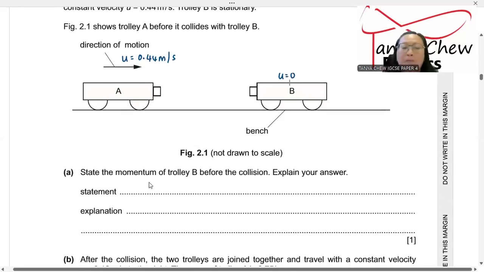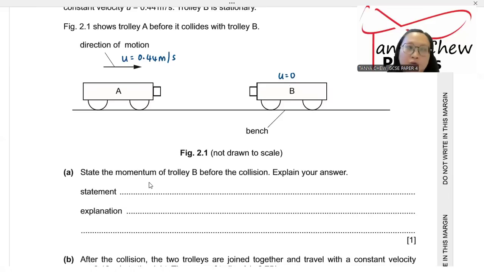Explain your answer. Now, before I give you the answer, do you recall momentum? First of all, to answer this question, you have to recall the concept of momentum. I want you to think of momentum as easy as a moving mass. Ask yourself, this trolley has mass? Yes. This trolley is moving?